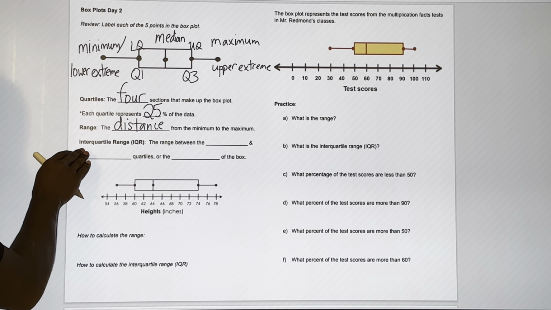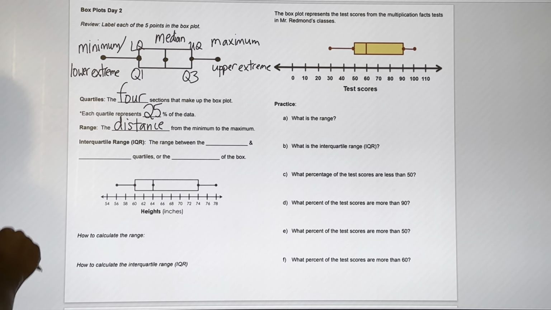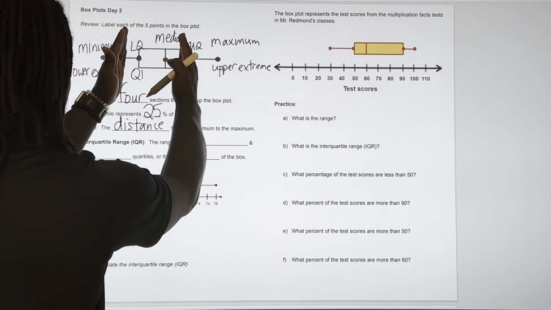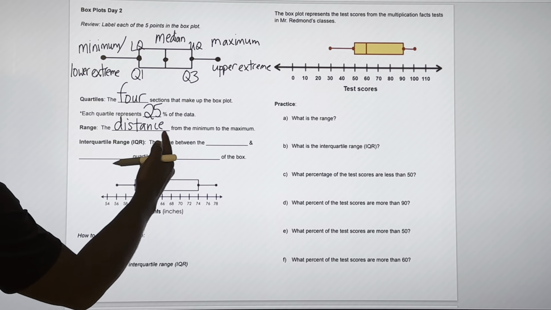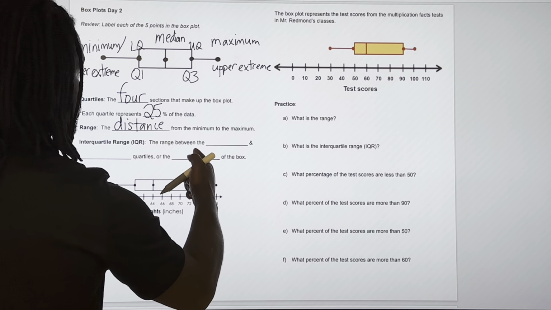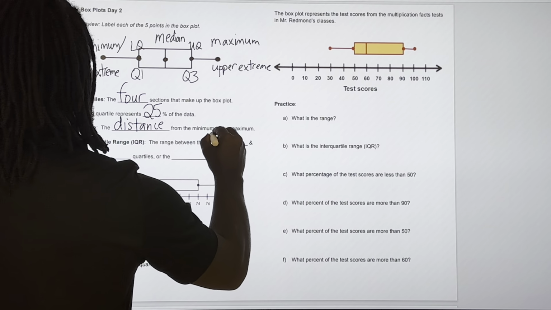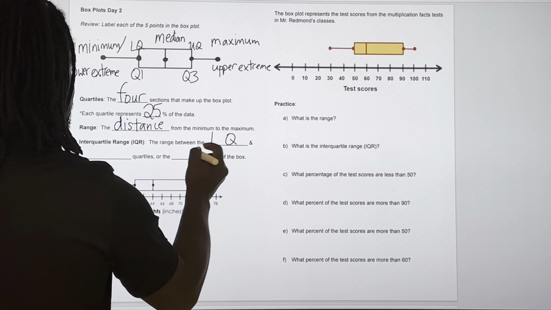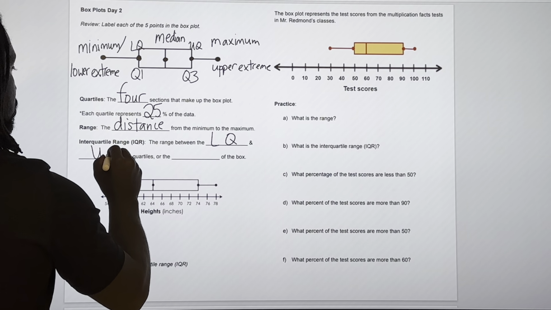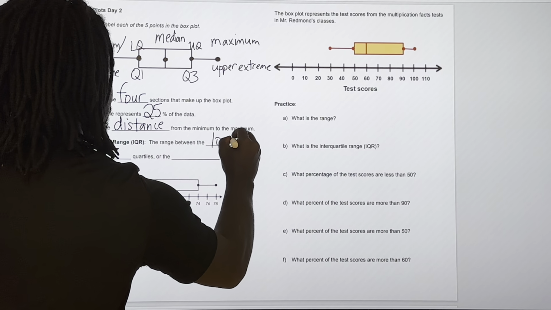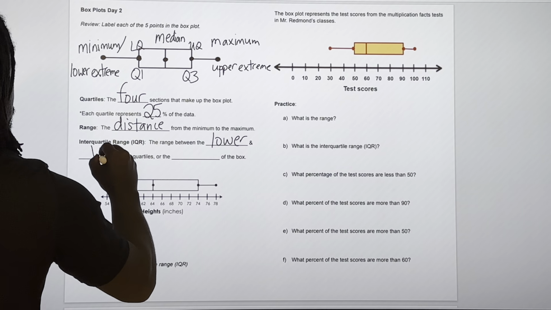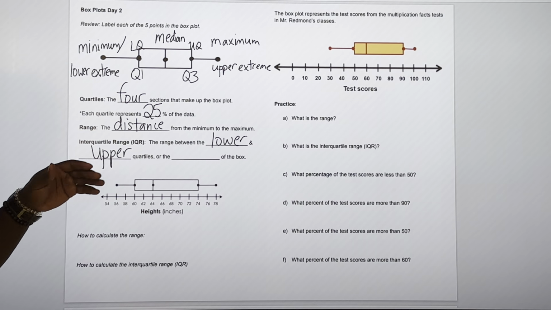And then secondly, we have the interquartile range. We're still talking about range being a distance, but this time we're looking at the distance between the quartiles. So it is the range, or the distance, between the lower and upper quartiles.